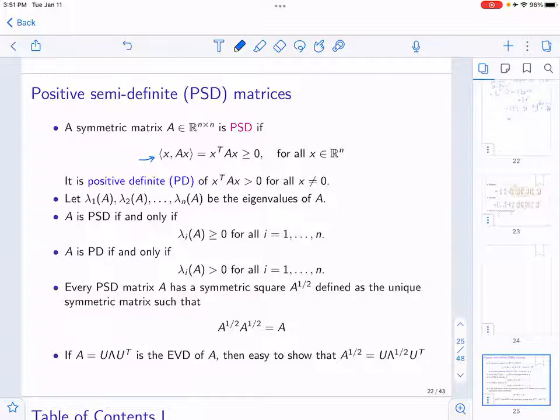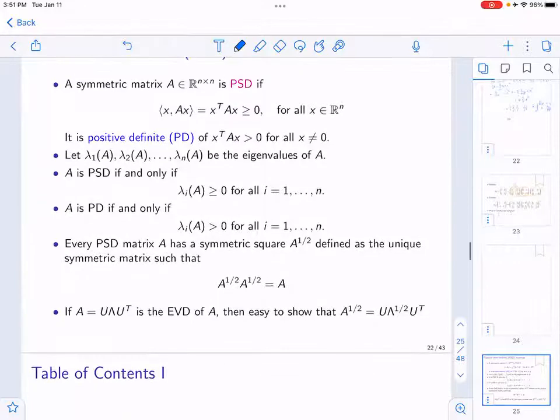A symmetric matrix is positive semi-definite if exactly this holds. This inner product of x and Ax, which can be written as x transpose Ax, is a scalar, a number, and you want it to be non-negative for all x in R^n. If it turns out that this is strictly positive for all x that are non-zero, then A is positive definite.